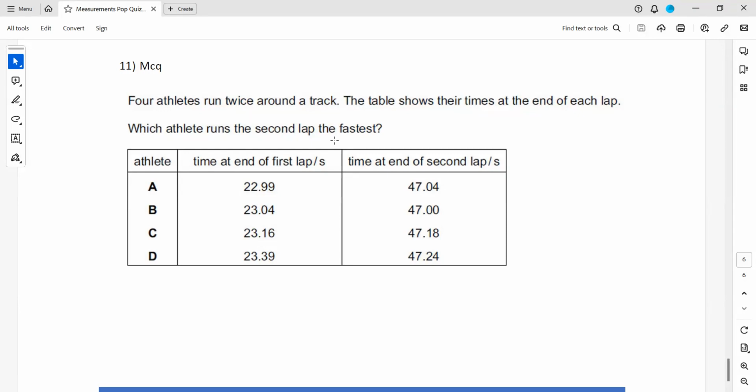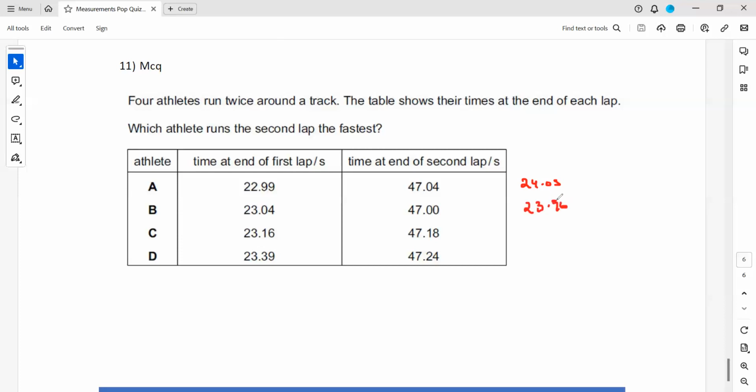For athlete A, it was 47.04 minus 22.99, so athlete A took 24.05 seconds. The second one, 47 minus 23.04, that is 23.96, the time interval.